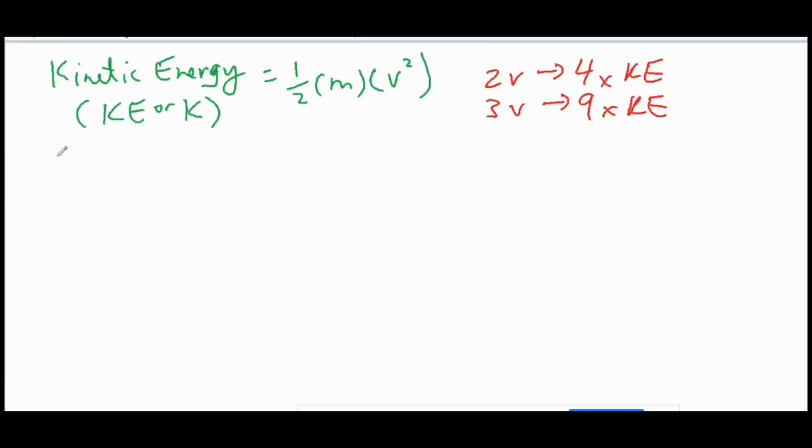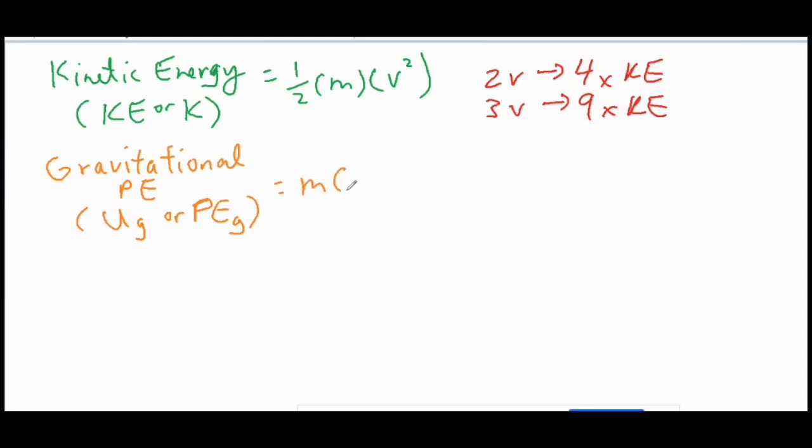And then secondly, one of our main types of energy is gravitational potential energy, which is oftentimes written as UG or sometimes written as PE with the subscript G. And that is solved for by doing mgh.